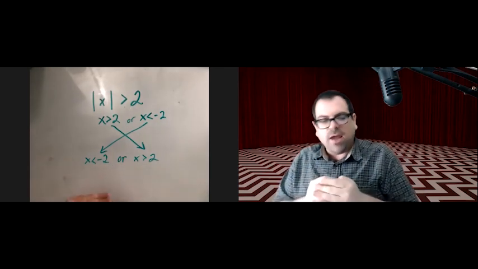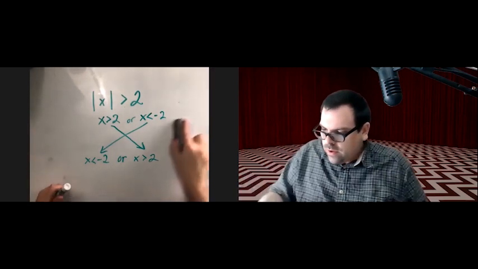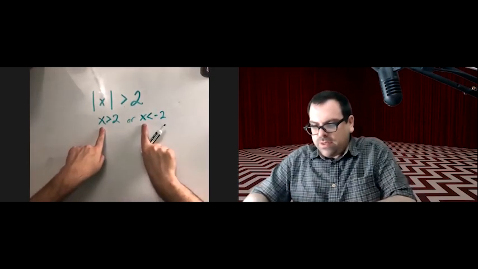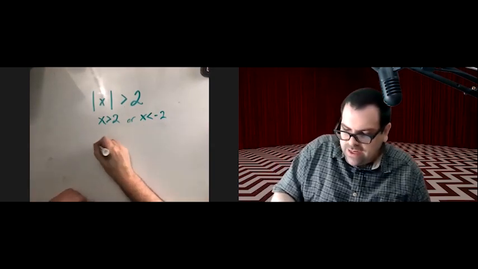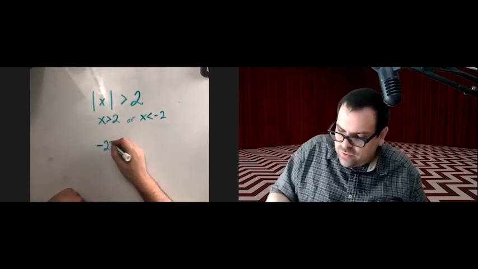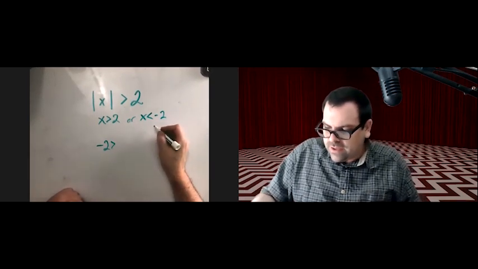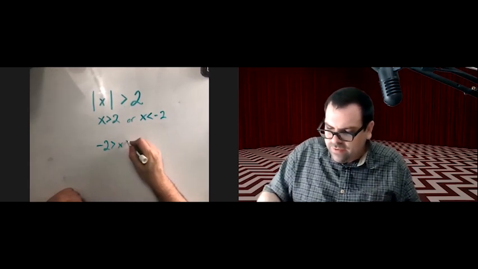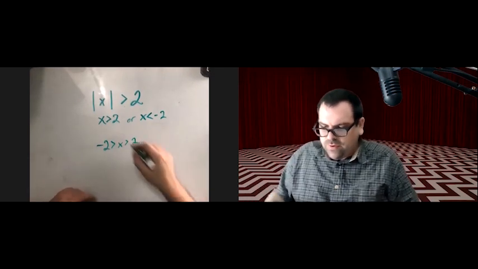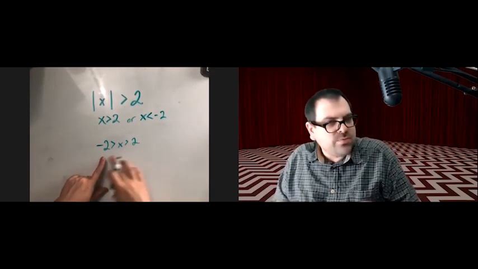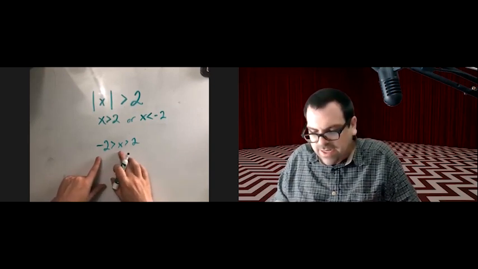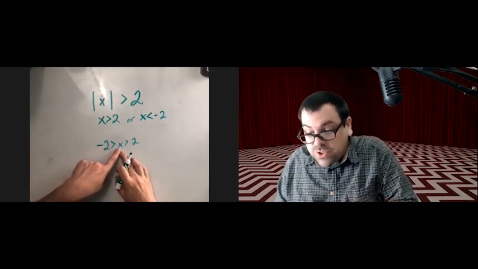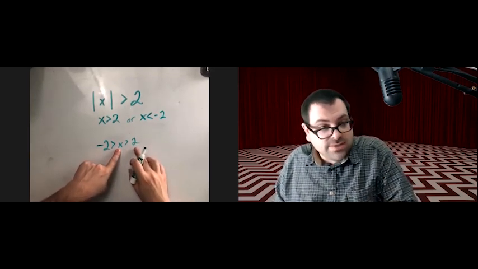Now, what do I mean I can't write this as one thing? Well, if we were to try to join them together so that the negative 2 was over here, the negative 2 would have to have the greater than sign. The x would have the little point, and then we'd have greater than 2. Remember, we can't write it this way. This means greater than. There isn't anything that is both less than a negative number, but also greater than a positive number.